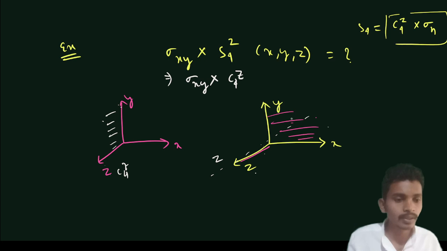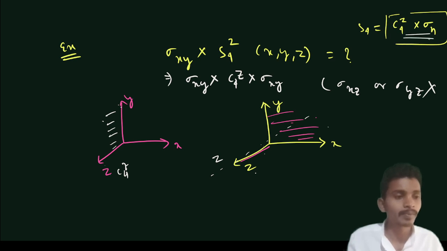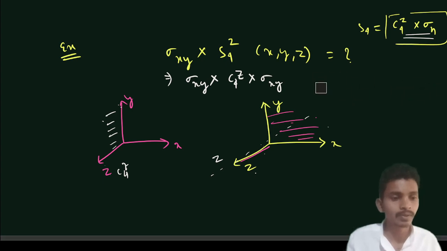If this is coming, then the plane has to be sigma xy, and sigma xz or sigma yz cannot be, because they are not perpendicular to C4Z. Because for S4, C4Z and sigma h have to be perpendicular. Okay, so only this plane is possible.